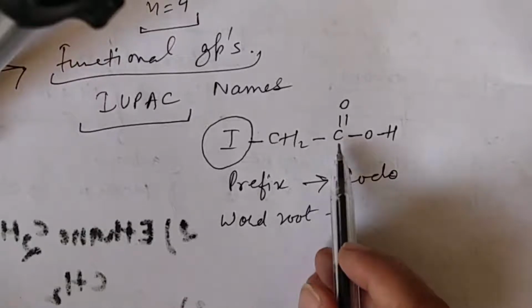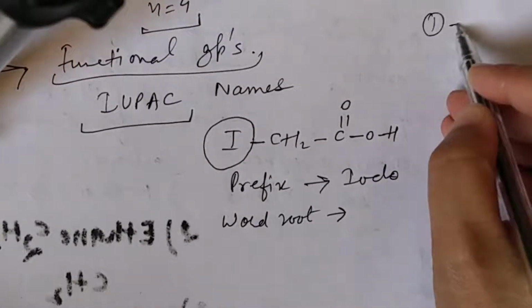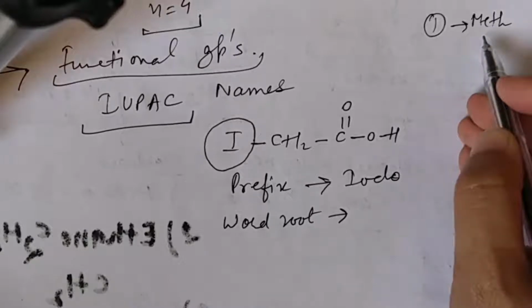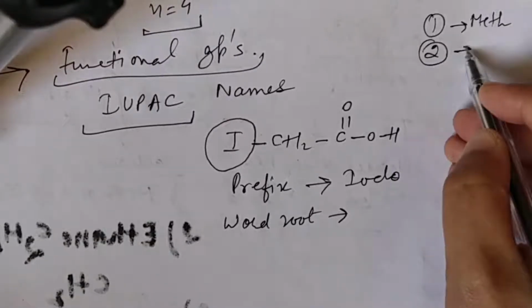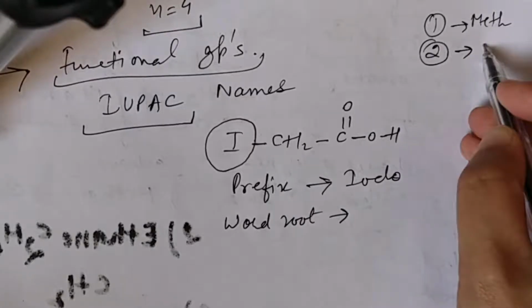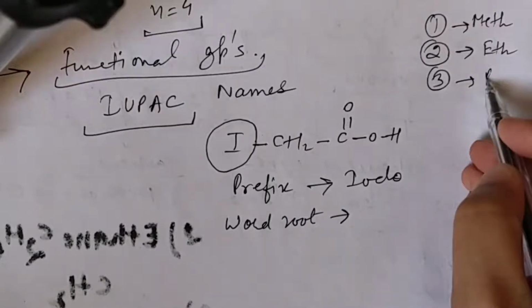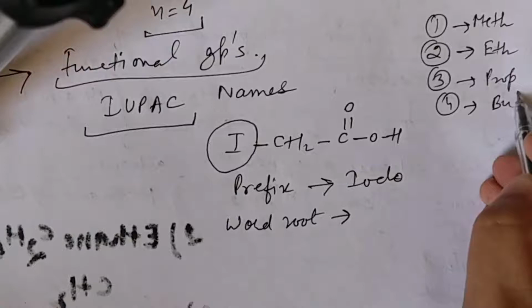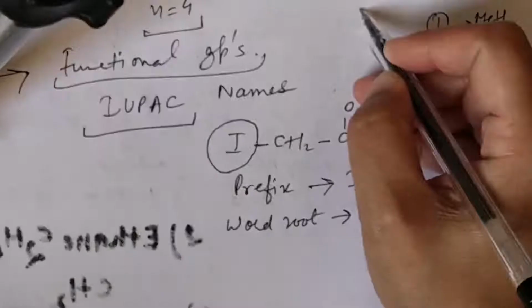If we have one carbon atom, the word root is meth. If you have a two carbon atom chain, it is called eth. For 3 it is prop. For a 4 carbon atom chain, the word root is but, and likewise for 5 it is pent.